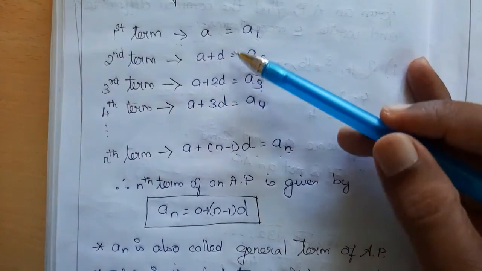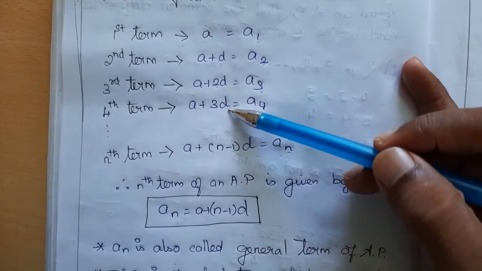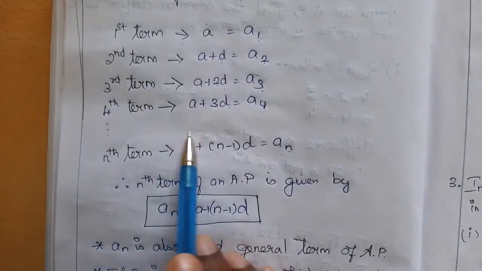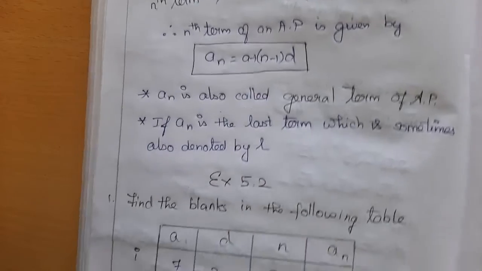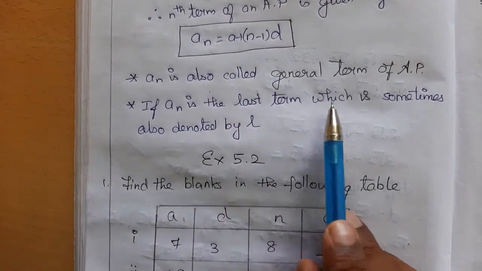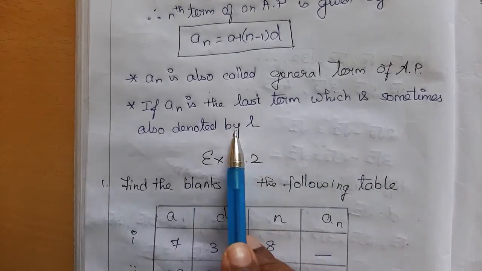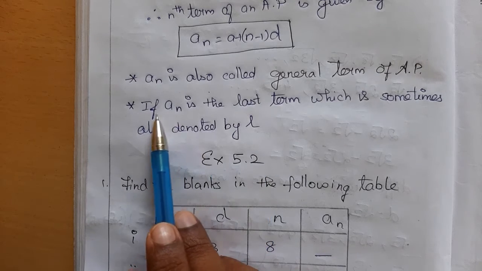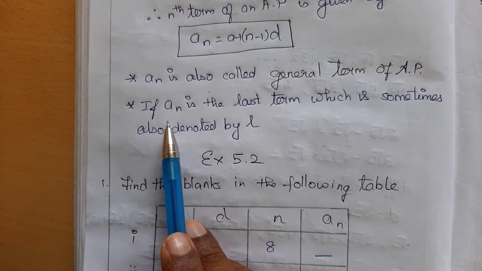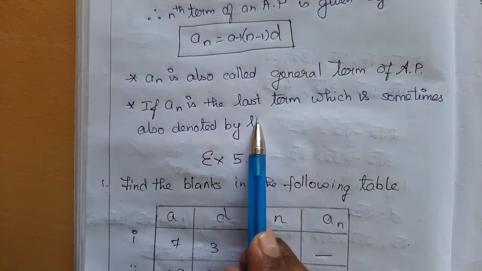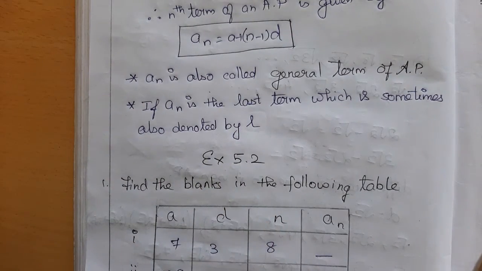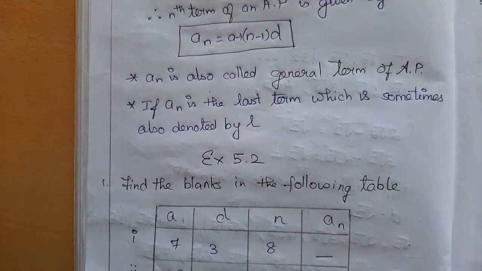Already we saw a, a plus d, a plus 2d, a plus 3d as general terms, and this is also called a general term. If an is the last term of a finite AP, it is sometimes denoted by l, which we will use in the following exercise.